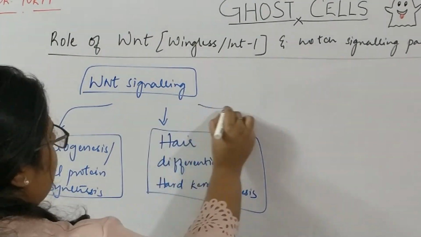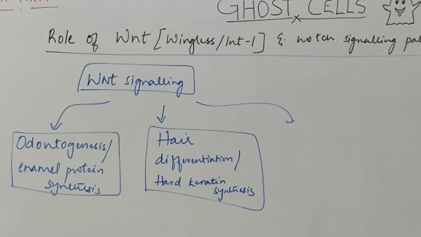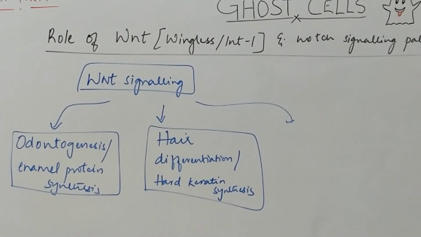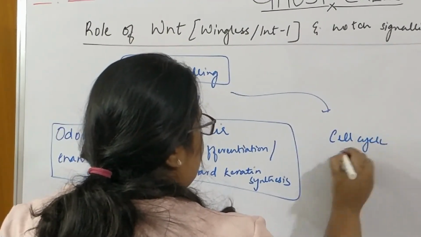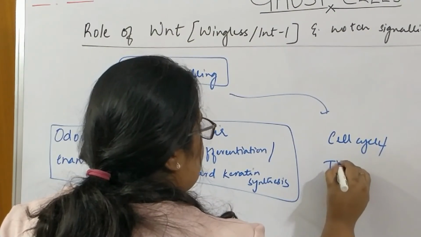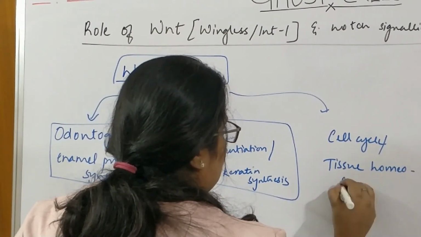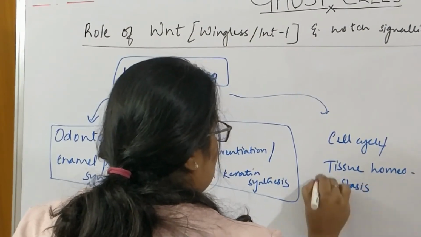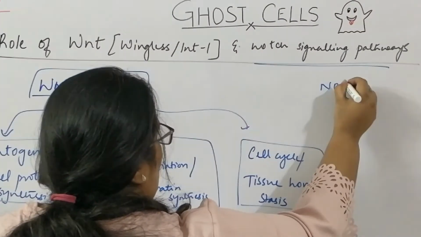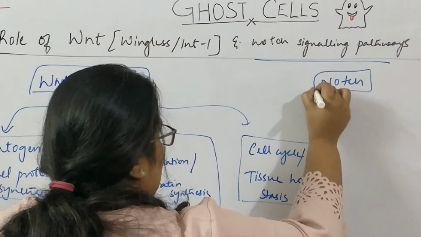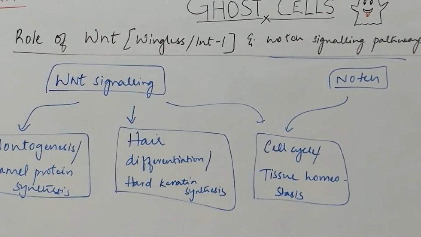At the same time, WNT signaling pathways are also important in regulating the cell cycle and maintaining tissue homeostasis. Notch signaling pathway is also involved in maintaining cell cycle regulation and tissue homeostasis.